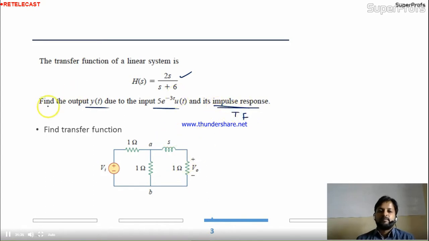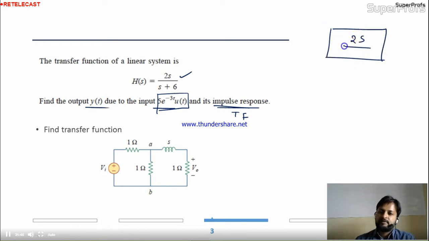But they are saying find the output y(t) due to this. The transfer function of the system is given, s plus 6. Now you are providing some input. This is in the time domain, convert it into the frequency domain. If you convert this into the frequency domain, it will be 5 divided by s plus 3.